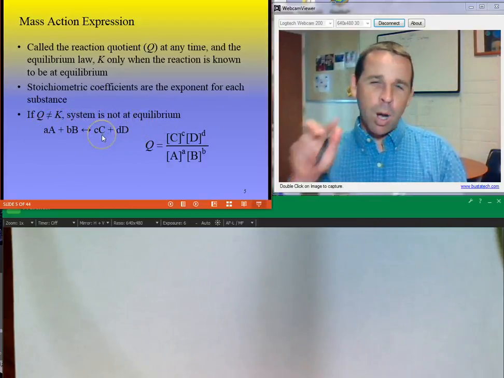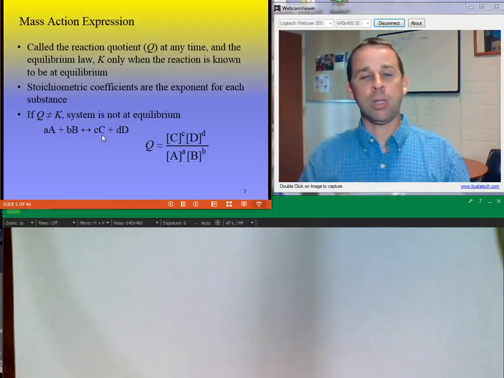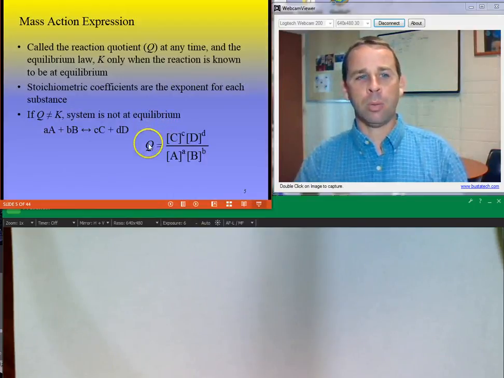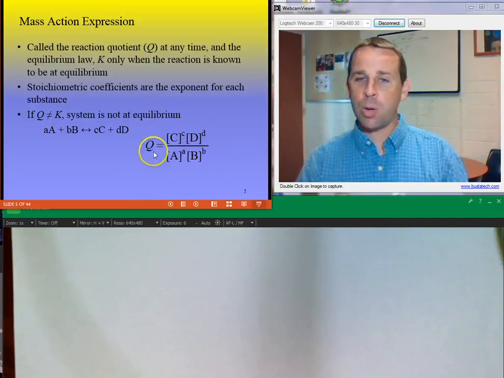But what we need is one number. We need one number that can tell people right away what the equilibrium conditions of this chemical reaction are. And for this number we use a quotient. Now a quotient just means the answer to a division problem. Okay? So Q stands for quotient here.